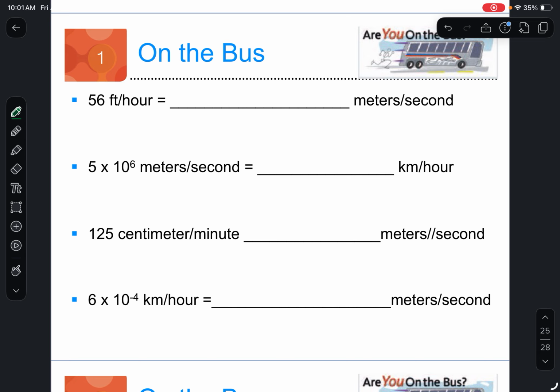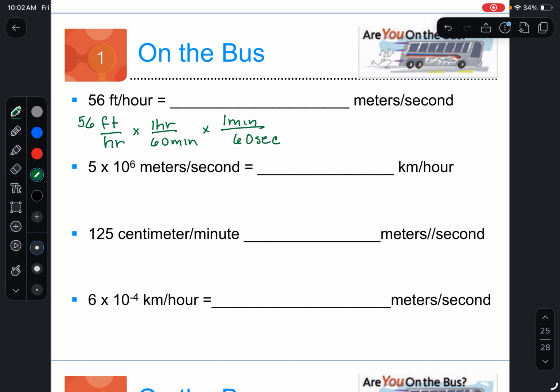Okay, here what we're trying to convert is 56 feet per hour, and we're going to meters per second. So let's do our hours. We know in 1 hour we have 60 minutes, and we know in 1 minute we have 60 seconds. So we can go ahead and cancel our hours, and we can cancel our minutes. So on the bottom, we have seconds, and that's what we want, seconds on the bottom.